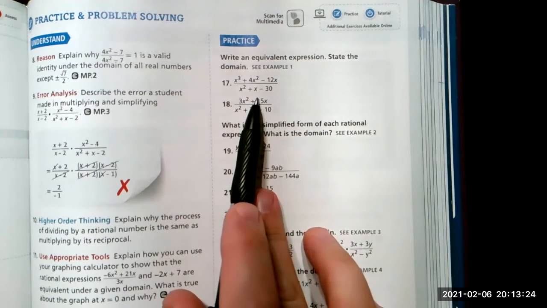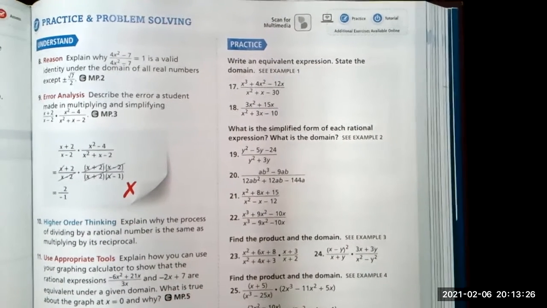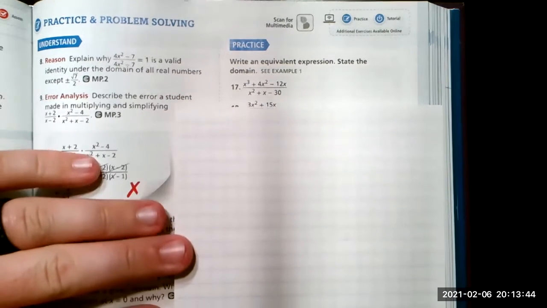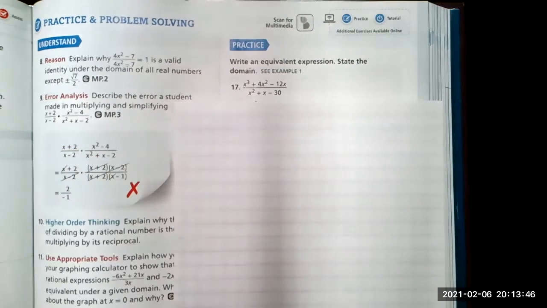In these examples, since we're dealing with Algebra 2 level simplifying, now you are factoring, and then the way you simplify it is you'll cross out a common factor on the top and the bottom. So like I said, if you don't know what I'm talking about and you haven't watched parts 1 and 2, just go back and watch those and that'll make more sense. So for number 17, what we're going to do is factor. When you factor a cubic, a quadratic, whatever you're looking at factoring, the first step is to always take the GCF.